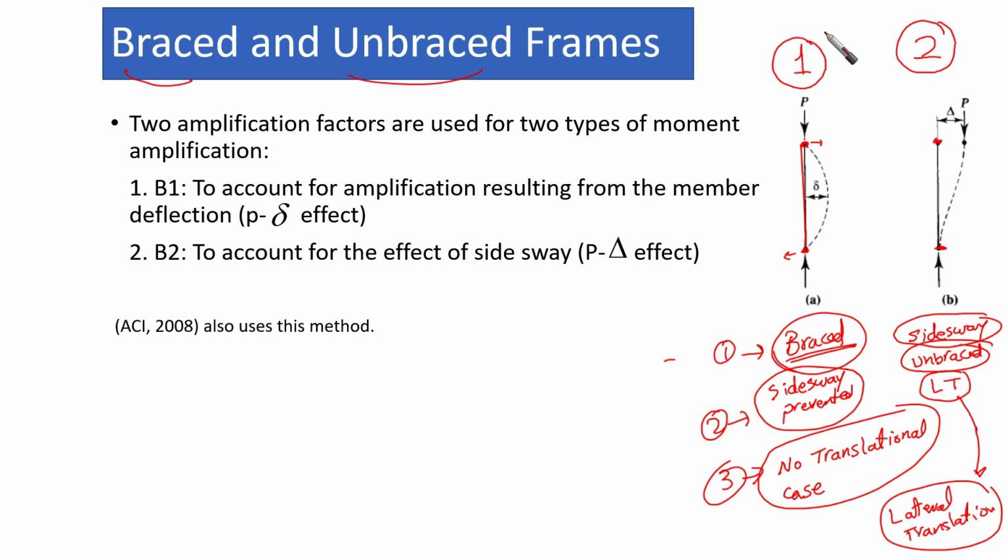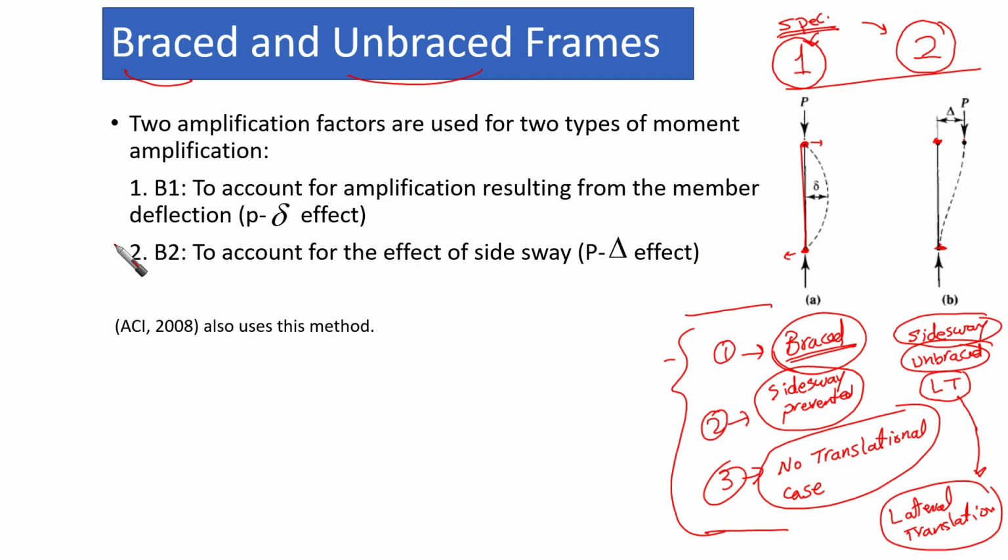So this is something you are going to find in the specification itself. You are going to find they are using these 1 and 2 numbers in order to keep in our mind whether the element is in a braced frame or in an unbraced frame. Okay, so these are the different names that you're going to find in different textbooks and the specification as well.